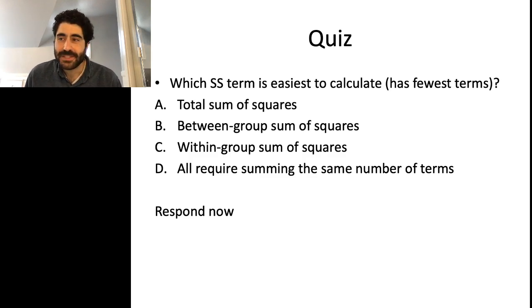All right, I put your answer into the chat. If we only wanted to do one of these, which would be the easiest one for us to do, in terms of requiring summing up the fewest things?